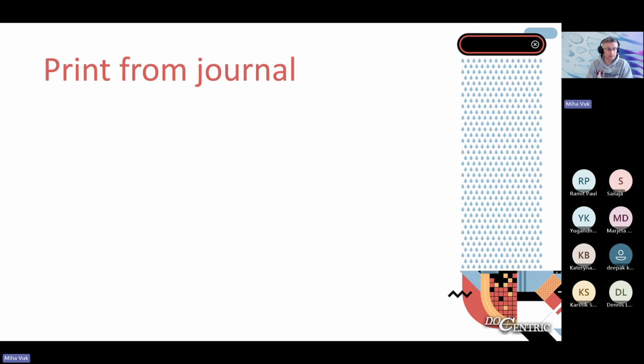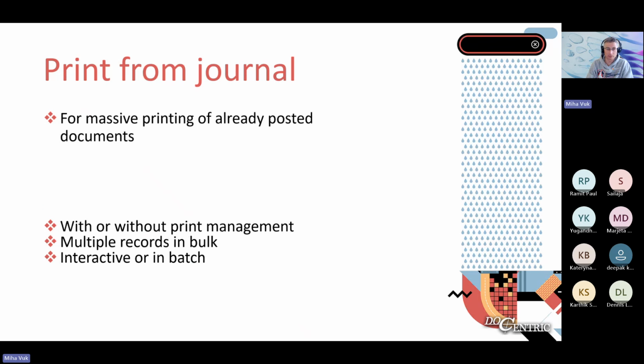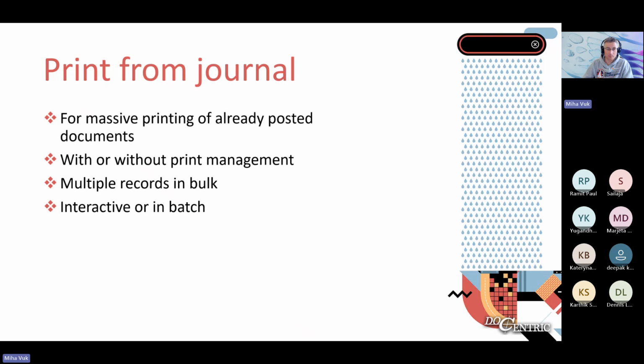And as you can post individually or in bulk, we've also added this capacity for later printing and reprinting in bulk. Okay, that's intended for massive printing of already posted documents. You can print with or without print management, multiple records, interactively or even in batch job.